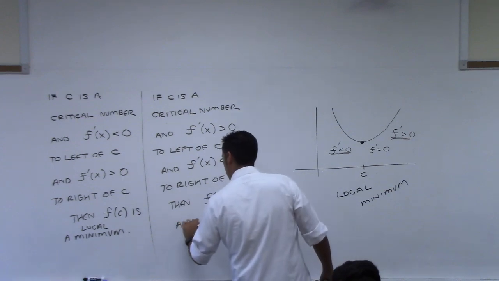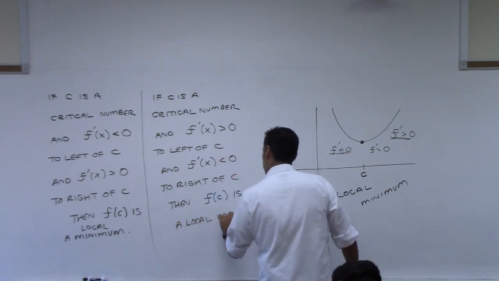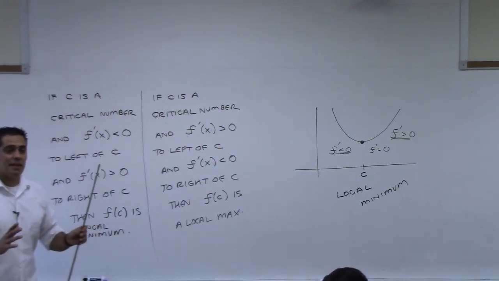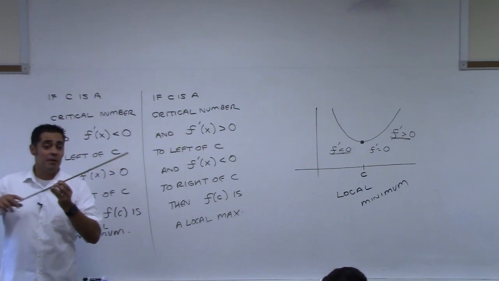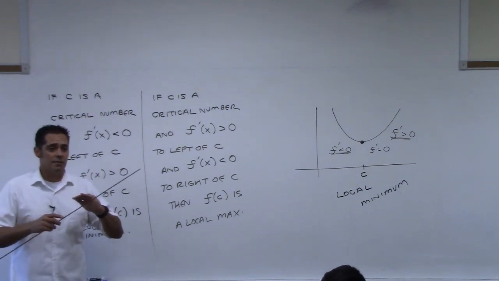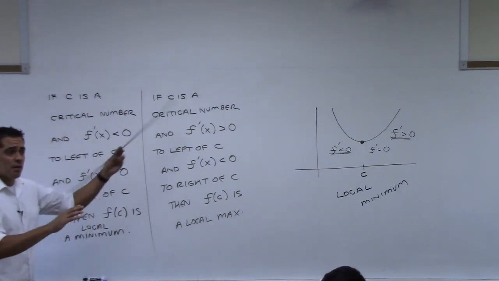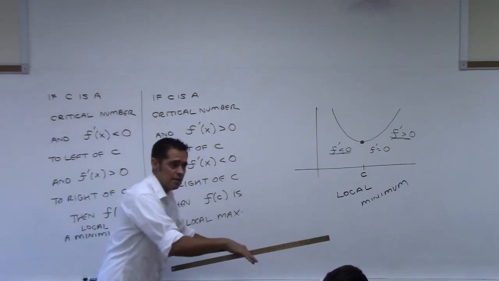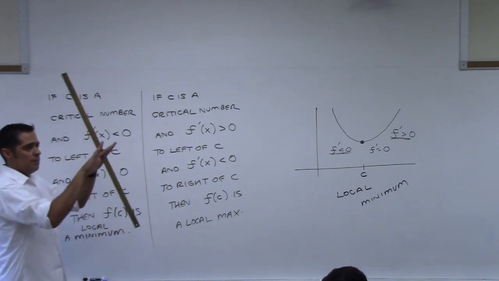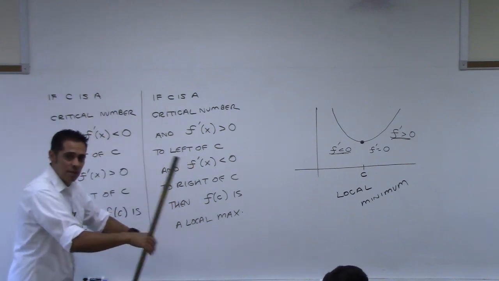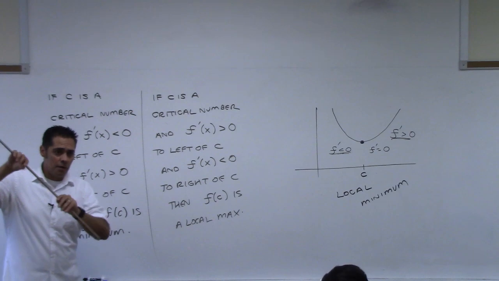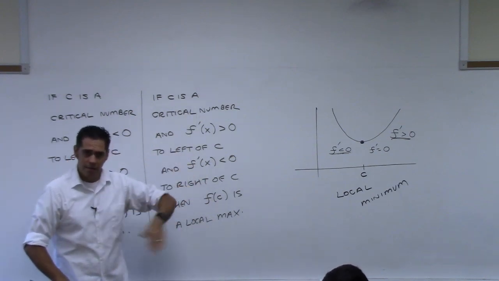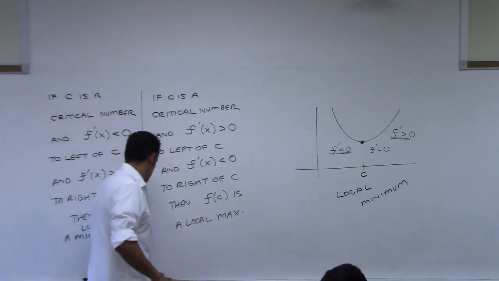Local max. So basically, the derivative is telling you everything you want to know about the graph, right? A positive derivative means we're going up. A negative derivative means we're going down. So if we ever go up and then down, we're going to have a local max. If we ever go down and then turn back up, we're going to have a local minimum. That's what the first derivative tells us.